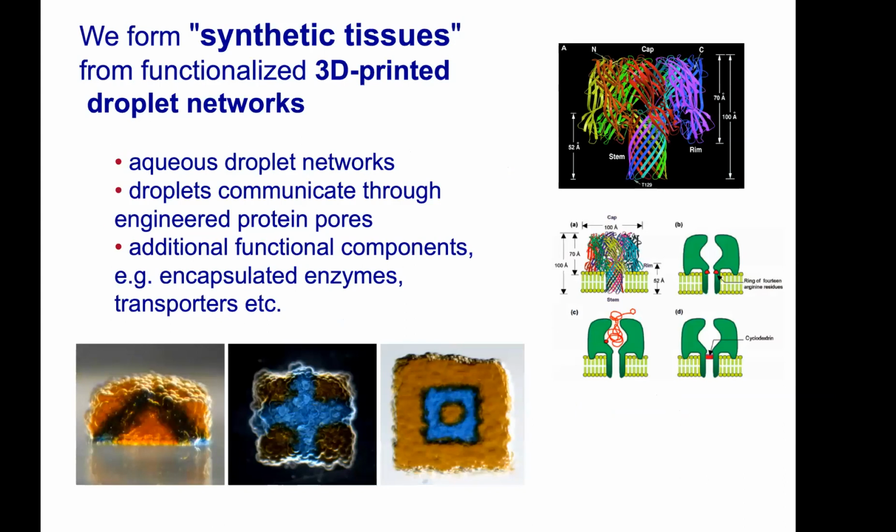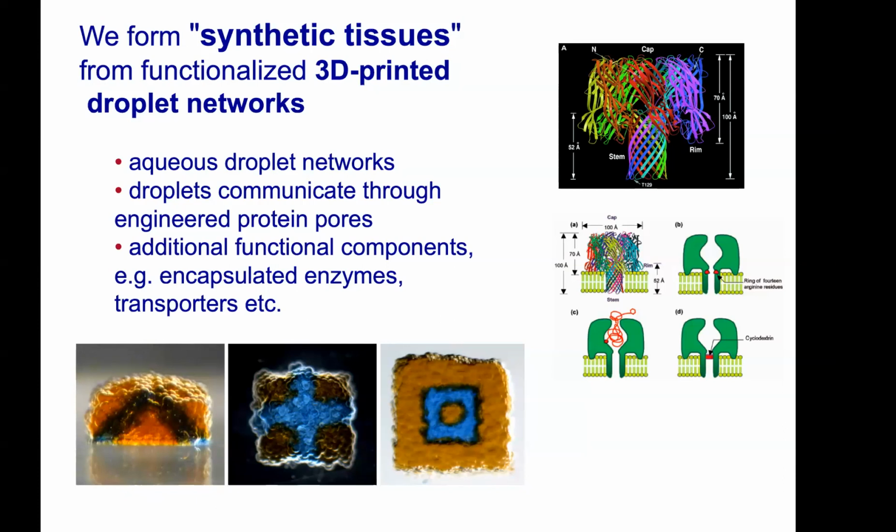So let me first then talk about the synthetic tissues. And these in our lab are made from 3D printed droplet networks, and I'll tell you how we got to that position. So these are aqueous droplets, and these droplets are connected together by individual lipid bilayers.